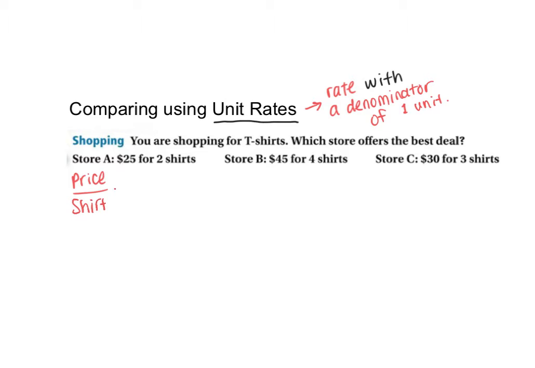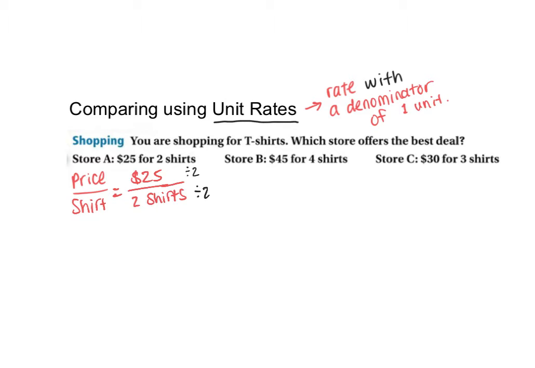Okay, so that in this case would be $25 for 2 shirts. But notice how we have 2 shirts in the denominator. In order to get it down to 1 shirt, we have to divide both the top and the bottom by 2.